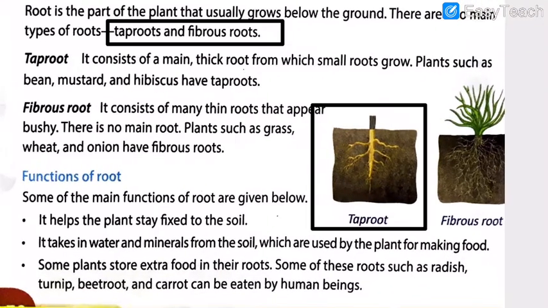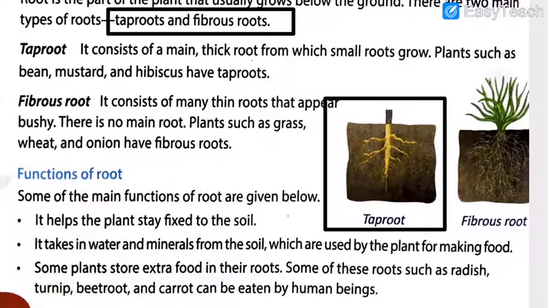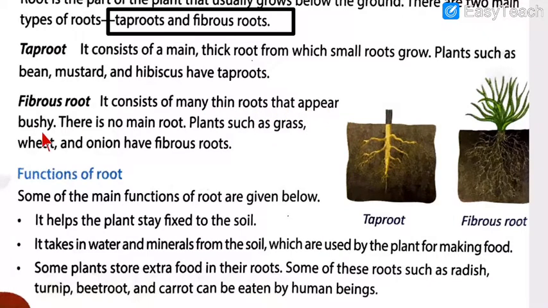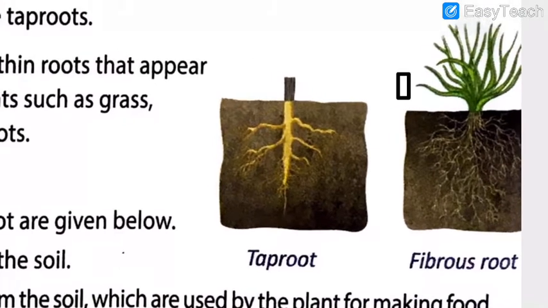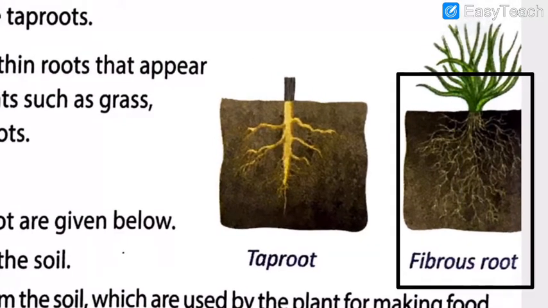Then let us understand fibrous root. It consists of many thin roots that appear bushy. There is no main root in the fibrous root. Plants such as grass, wheat and onion have fibrous roots. So my dear students, again I'd like to draw your attention towards this fibrous root picture.